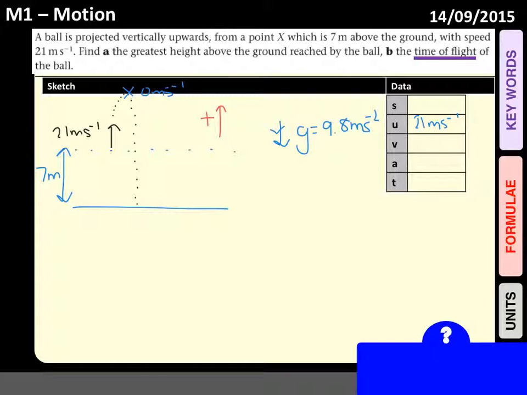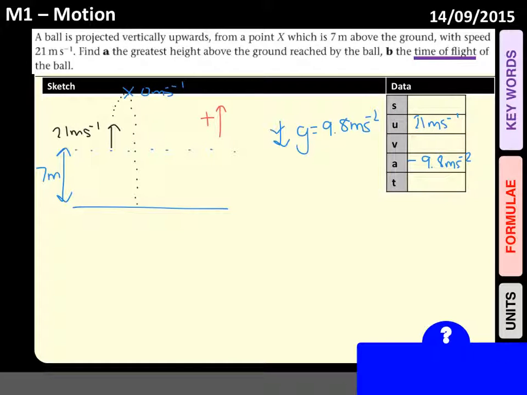I know that my acceleration is 9.8, and it's going opposite to my positive, so it's going to be minus 9.8 meters per second squared. Okay, and I know nothing about my time.